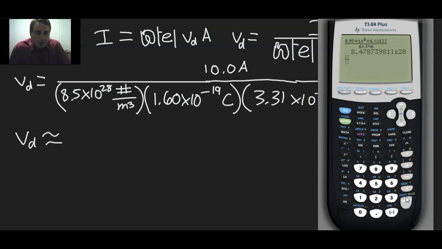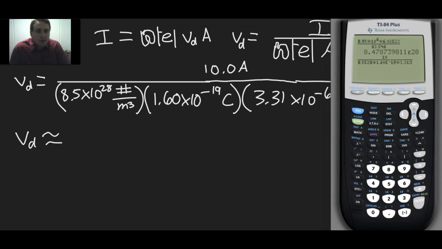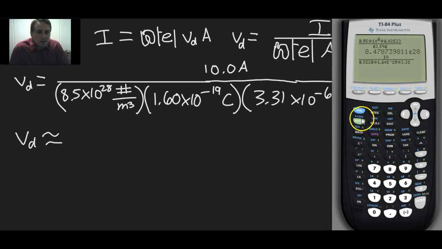Okay, so let's do 10 divided by, let's see, 8.5 times 10 to the 28th power times 1.60 times 10 to the minus 19th power times 3.31 times 10 to the minus 6 power.